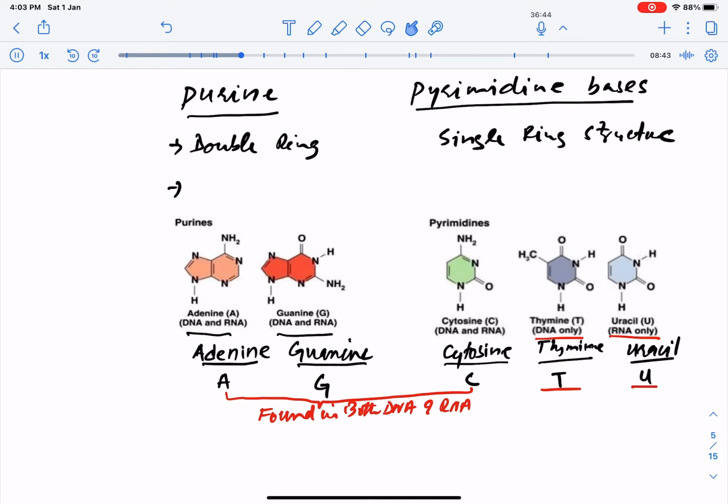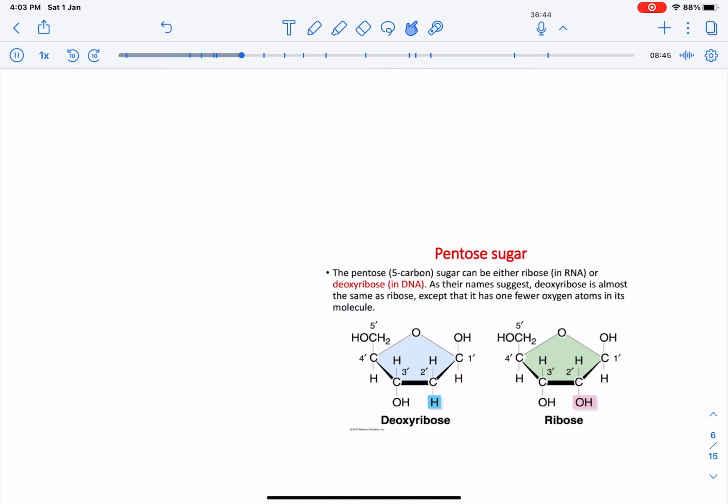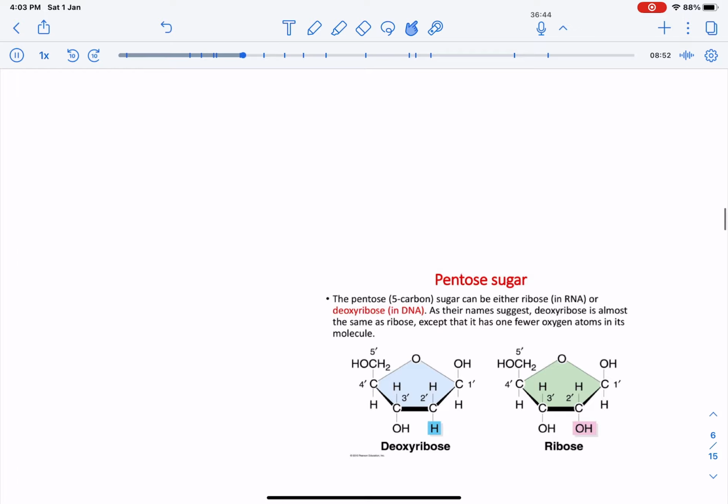The sugars can be classified as monosaccharides and disaccharides. Monosaccharides are further classified into various categories, as we have discussed in carbohydrates.